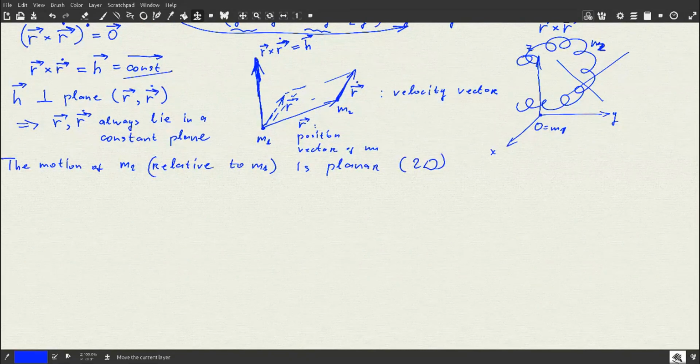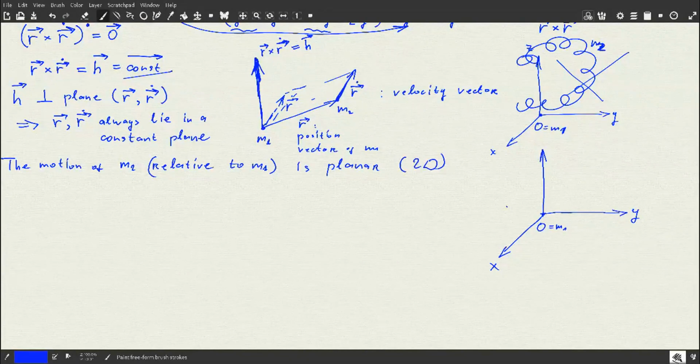So a more appropriate picture would be the following. We have our original spatial three-dimensional coordinate system x, y, z. The origin is M1.